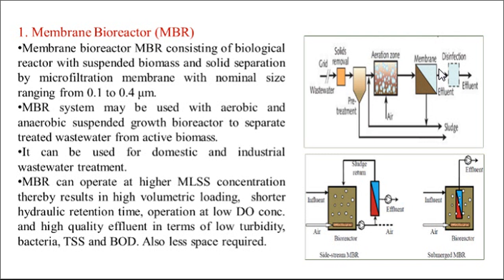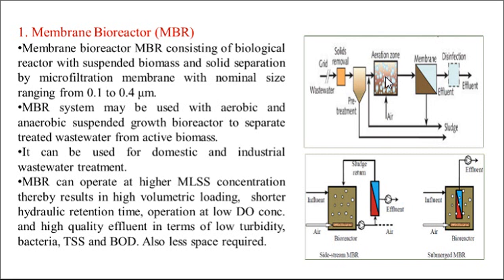So here is the sketch which shows the membrane bioreactor. Whatever coarser solids are there are removed, then this is the pre-treatment unit, and then the wastewater is applied to the aeration tank. Here air is applied like this and aeration of the wastewater takes place.